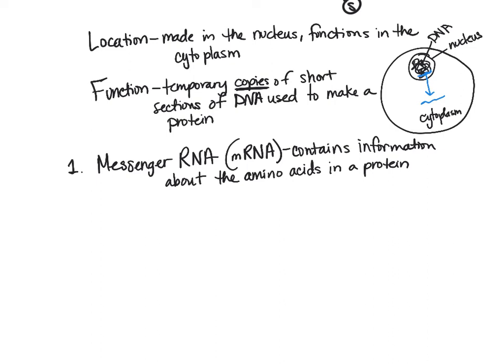Now, the second type of RNA is called transfer RNA, or tRNA. Now, tRNA is going to bind to the specific amino acid and match them up with the information that we have in the mRNA. So it's kind of transferring the information. It's going to grab onto the amino acid and bring it to the RNA to match it up.